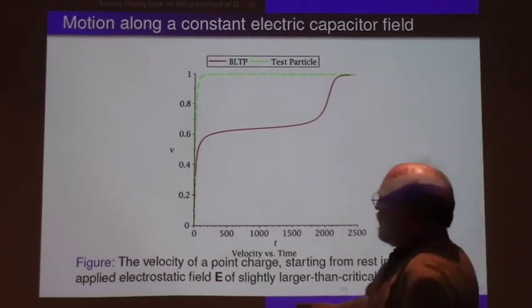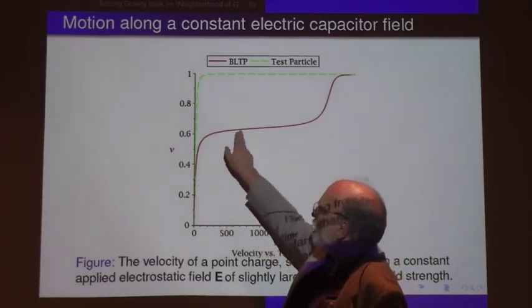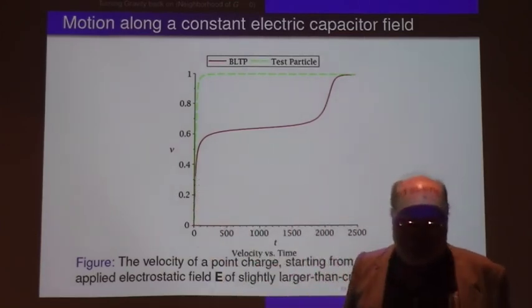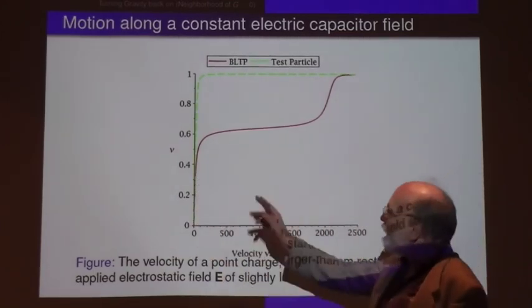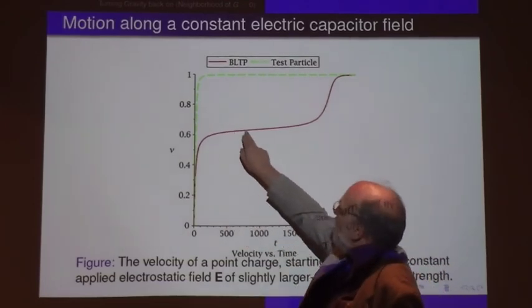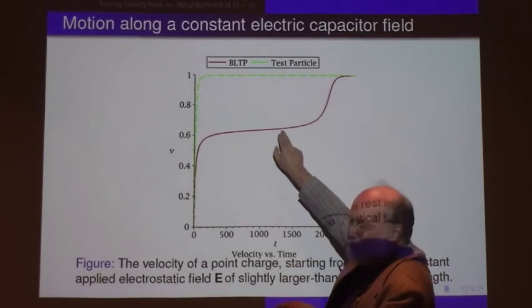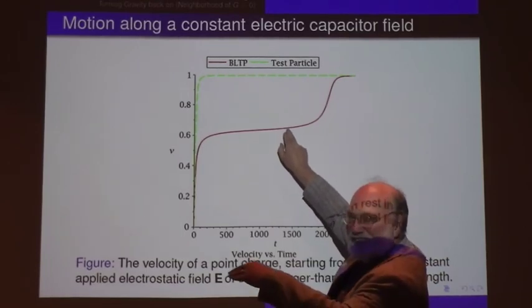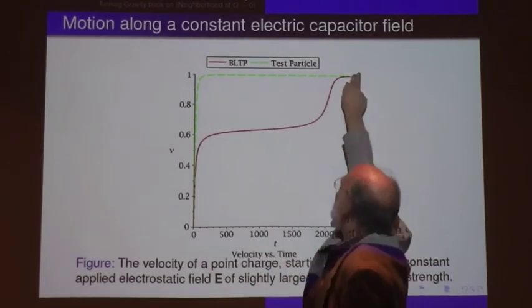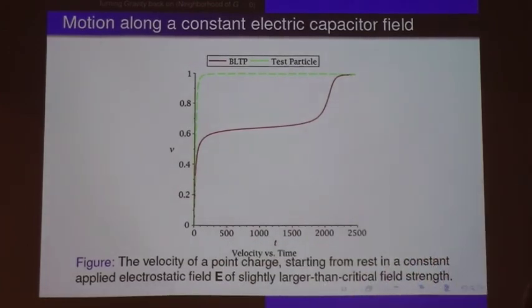So the friction force is such that it basically cancels the applied field, but not exactly, so the particle reaches something that looks like an almost terminal velocity, but slowly you push it over the mountain, and then it picks up and goes. And these are the only three possibilities that can happen here.